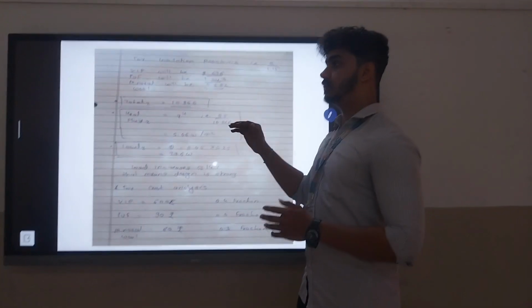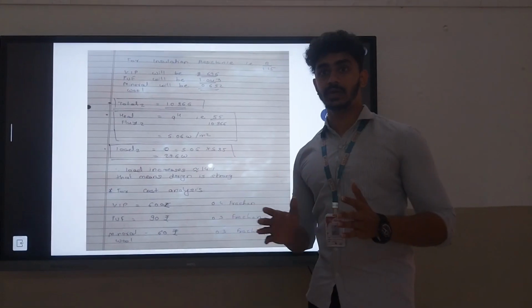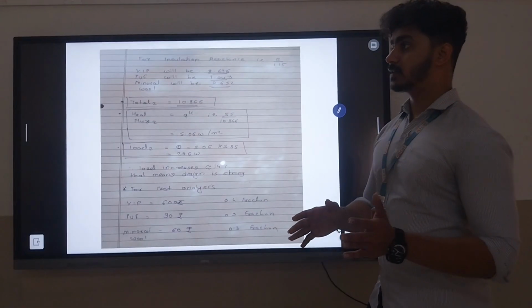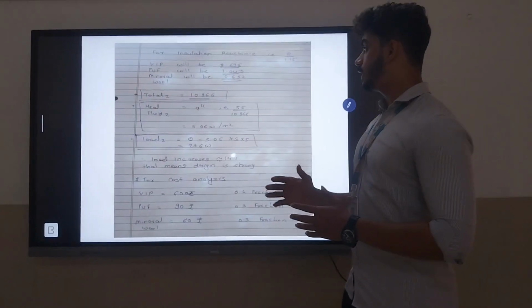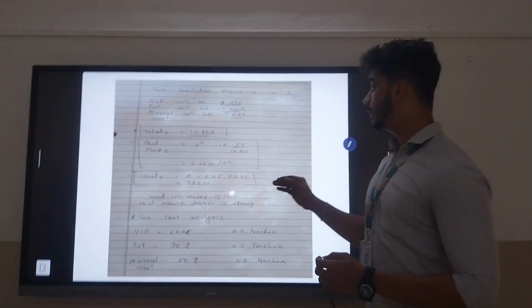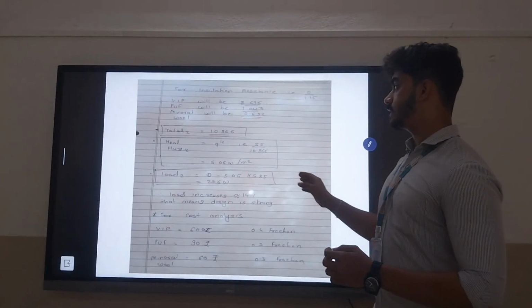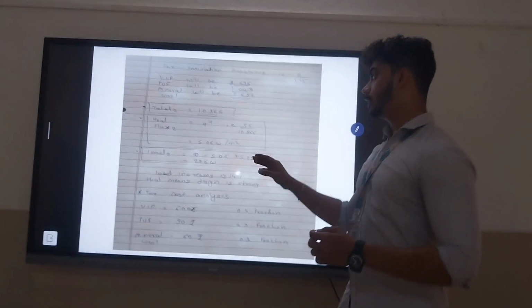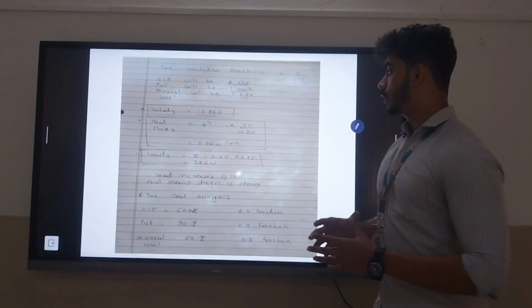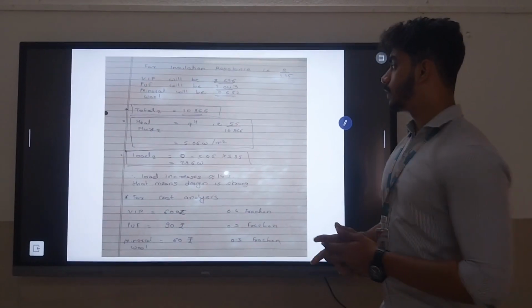Now heat flux for the second case: Q is 55 divided by 10.866, so dividing it, heat flux will become 5.06 watt per meter square.